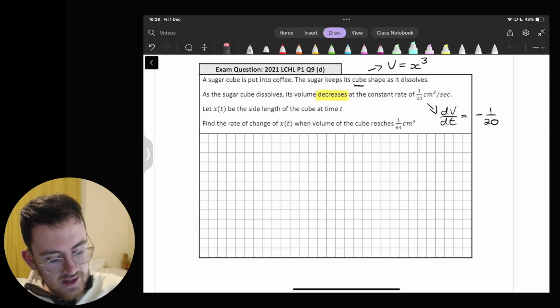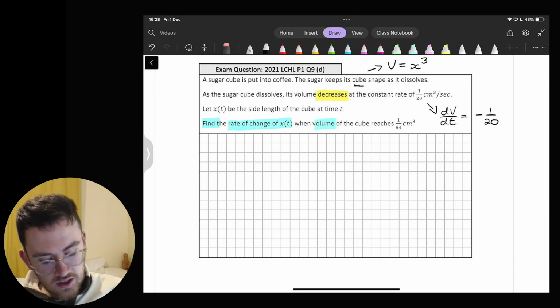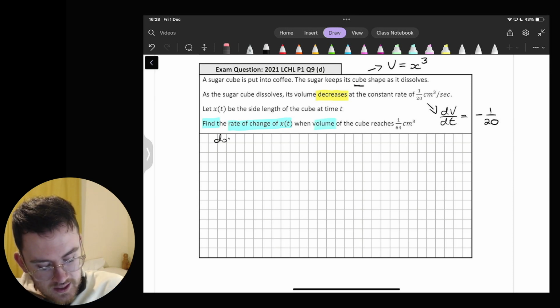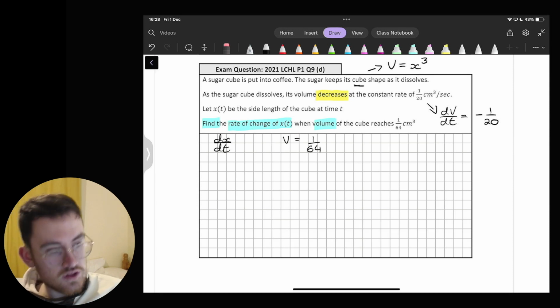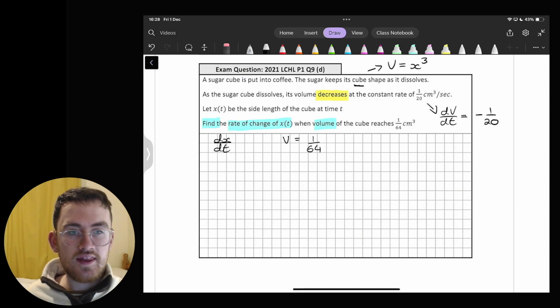What I'm asked to find here is the rate of change of x with respect to t when the volume reaches a certain value. So I'm trying to find dx/dt for V equal to 1 over 64. So the rate of change of the side when the volume reaches a certain value.